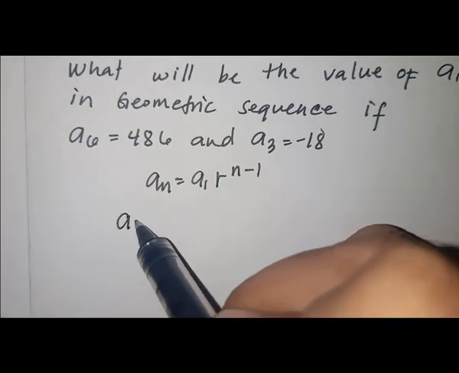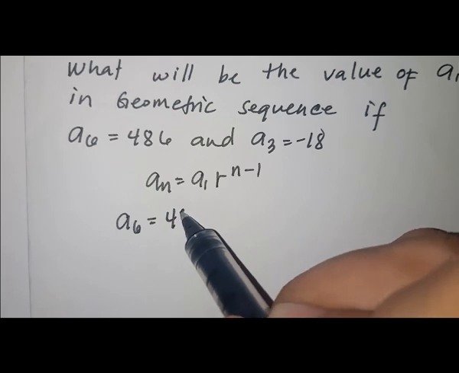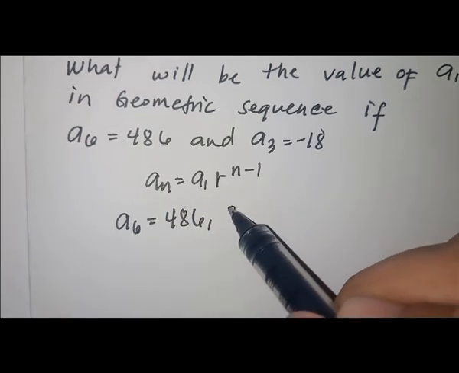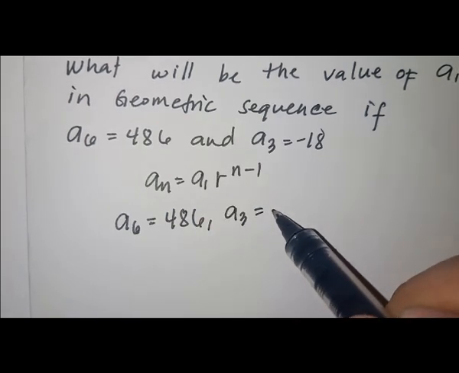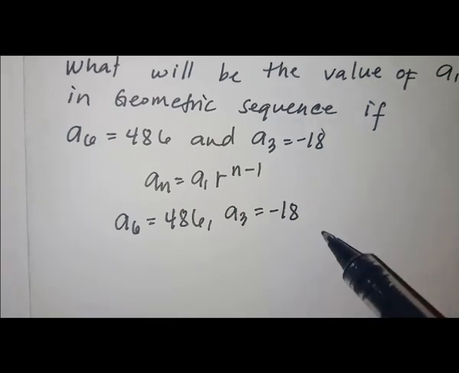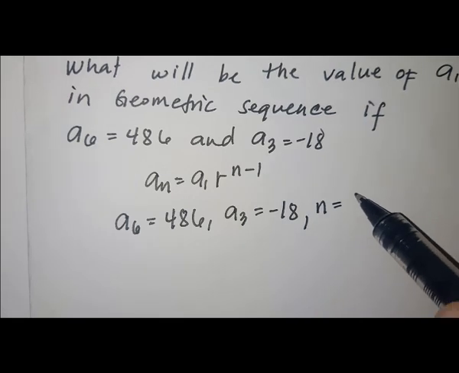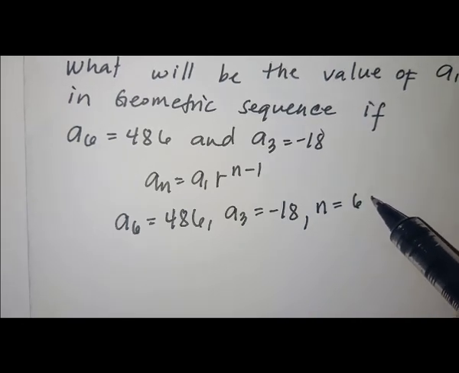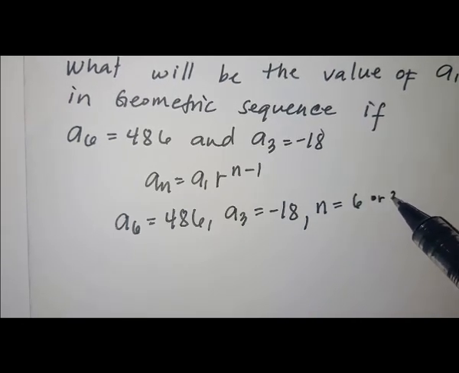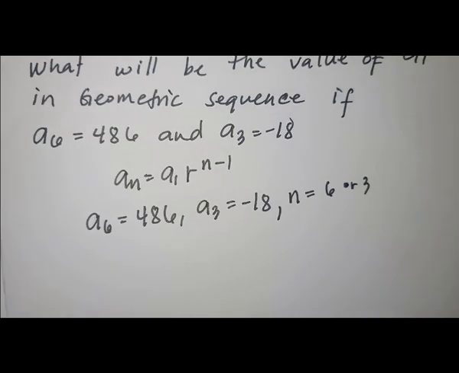Meron tayong A sub 6 which is equal to 486, A sub 3 na equal sa negative 18, at syempre yung n natin, it's either 6 or yung 3. Depende sa gagamitin natin mamaya.